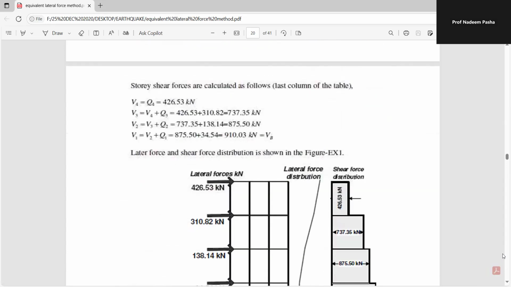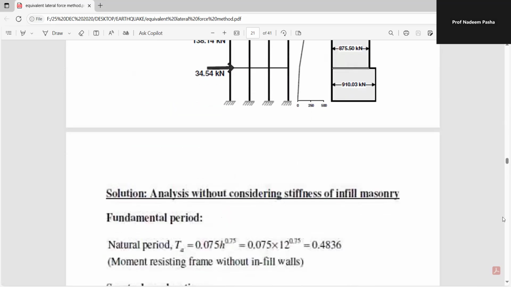Story shear forces are calculated as follows. Last column of the table, that is V4 is equal to Q4 is equal to 426.53, V3 is equal to V4 plus Q3, V2 equal to V3 plus Q2, V1 is equal to V2 plus Q1. So these are the values of Q1, Q2, Q3, and these are the values of V1, V2, V3. So the lateral force and shear force distribution is as shown in the figure.